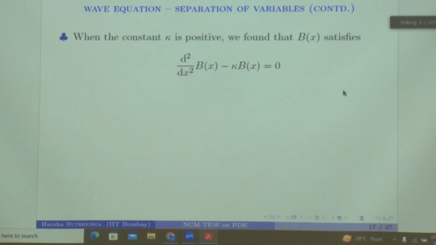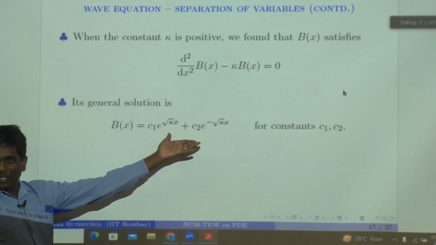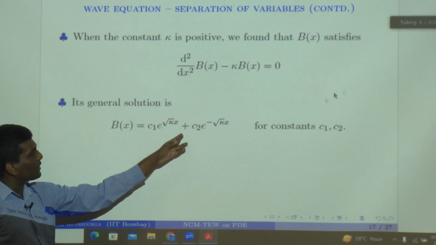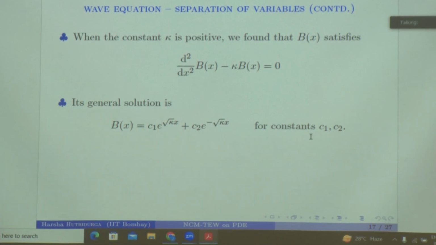You can write down the general solution here also. The general solution will look like this. It's just a linear combination of e to the square root of kappa times x and e to the minus square root of kappa times x, because the characteristic equation that you get is lambda squared equals kappa. That's why the roots are square root of kappa and minus square root of kappa. You get this.